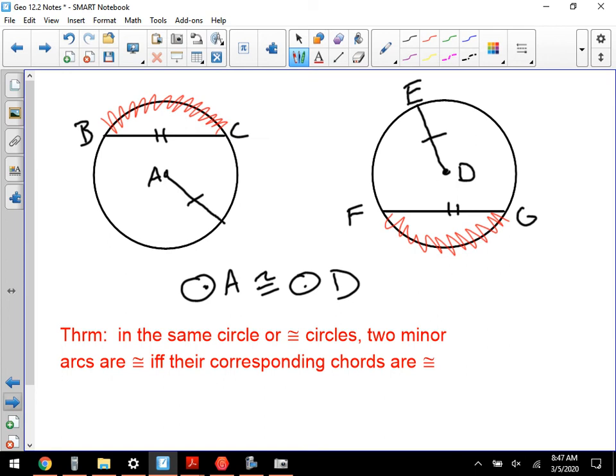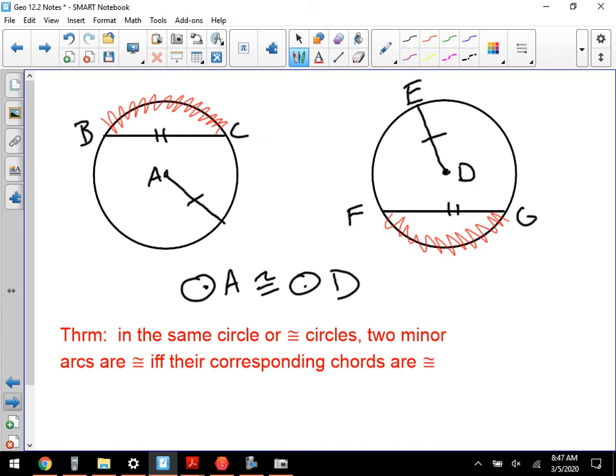We need a W and a V. I would say this is also 80 degrees. No matter what you do, if you've got radii that are the same, which obviously happens in circles.